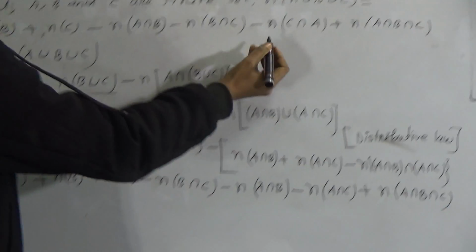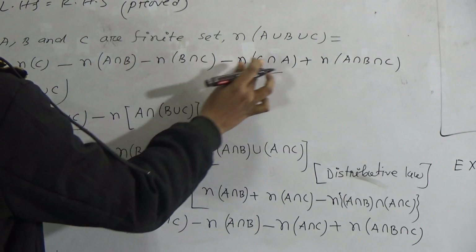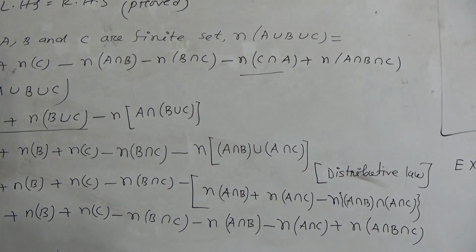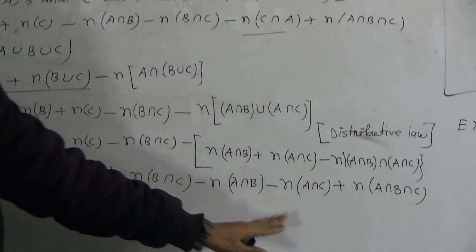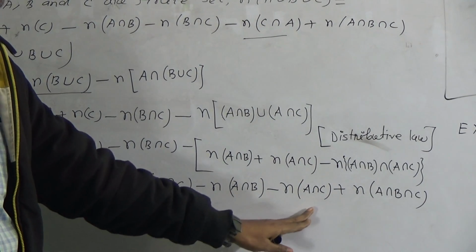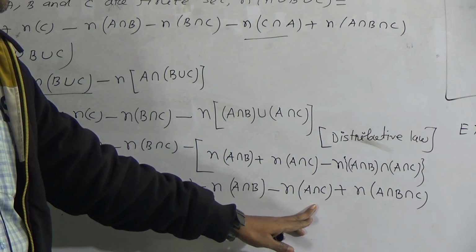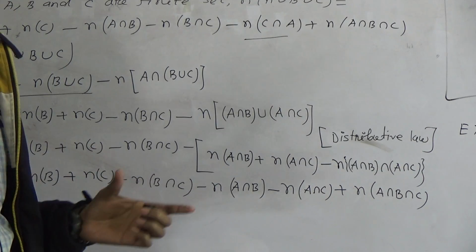You see here number of C intersection A is written, and I have written here number of A intersection C. This is called the commutative law of sets.